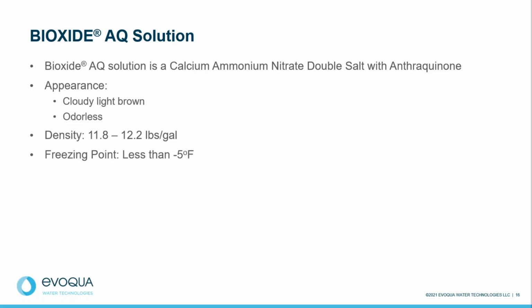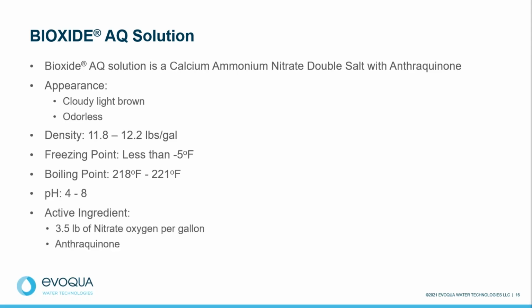It has a freezing point of less than 5 degrees Fahrenheit, with a boiling point of 218 degrees Fahrenheit to 221 degrees Fahrenheit. It has a pH of 4 to 8, and the active ingredients are nitrate oxygen and anthraquinone. Here, the nitrate oxygen is almost 3.5 pounds per every gallon of BIOXIDE AQ solution.